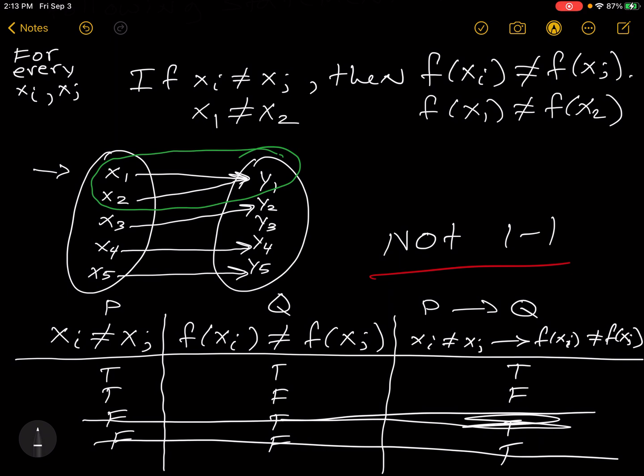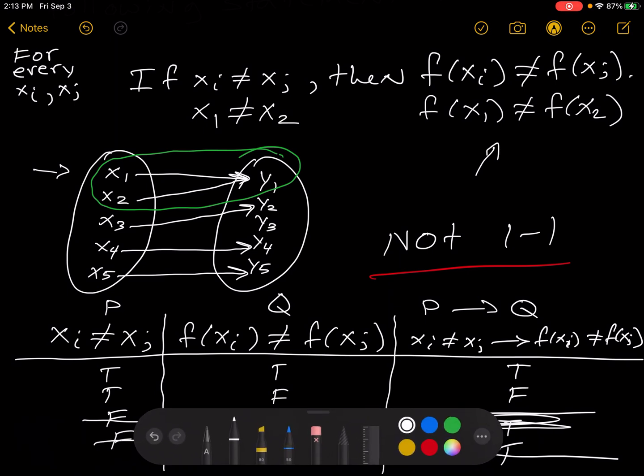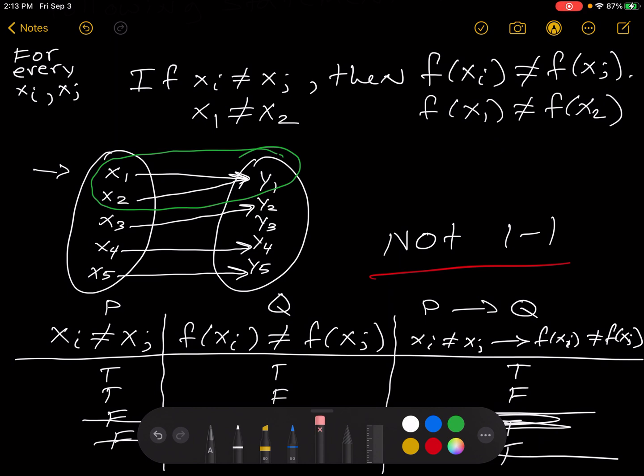Okay, now let's look at Q. Is it true that f of x1 does not equal f of x2? All right, well, let's see real fast. So what is this saying? Our y1 here, look, y1 is equal to f of x1.